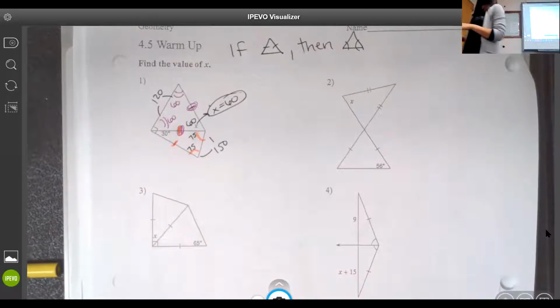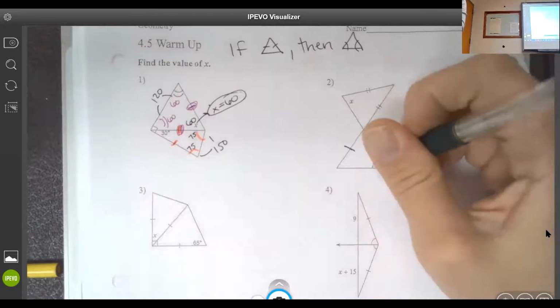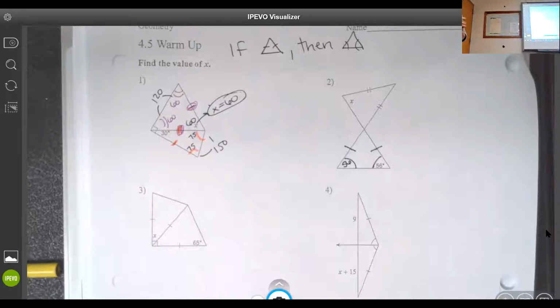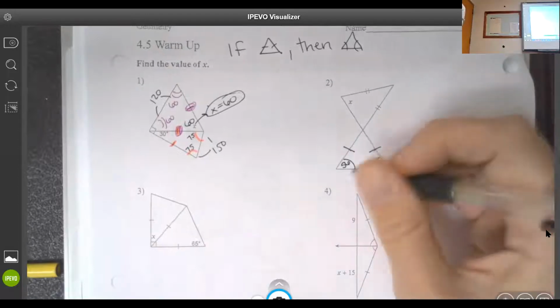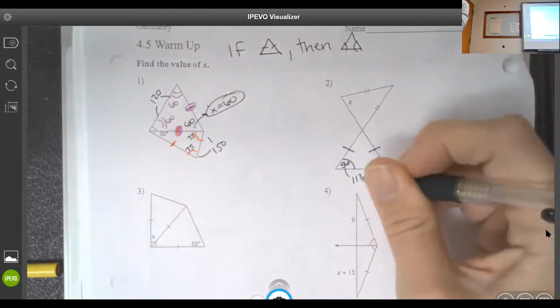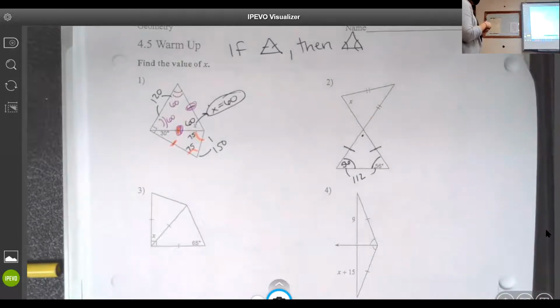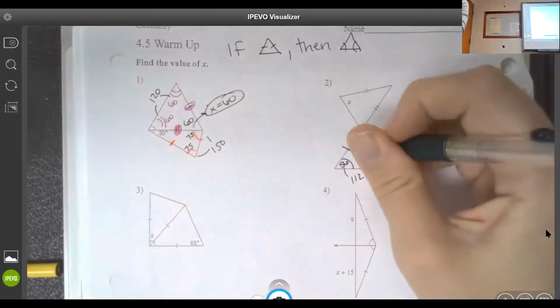Moving to 2, if sides, then angles. So I know that this is also 56 degrees. And if I have 56 and 56, that's 112, which is going to leave me with how many degrees at the top angle of the triangle? 68 degrees.